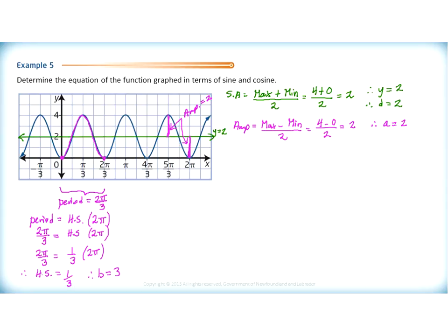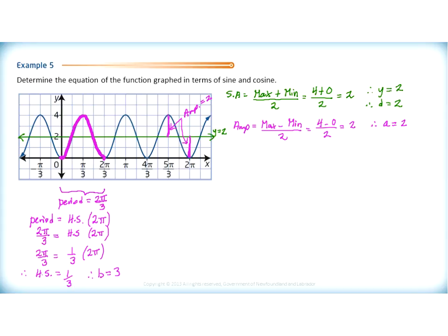Now we will determine the equation in terms of sine or cosine. So I'm going to stick with the same section of the graph that I just chose. Okay, so I'm looking at the V-shaped graph that has been reflected. So let's look at that section first.